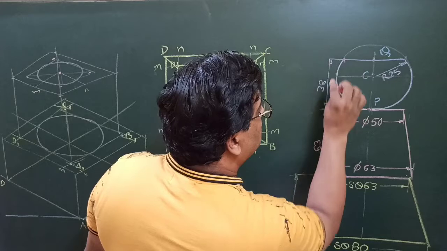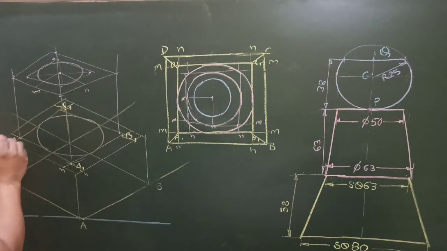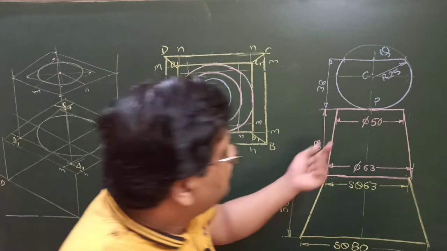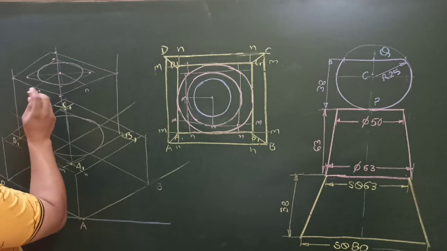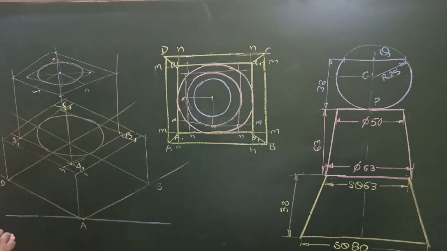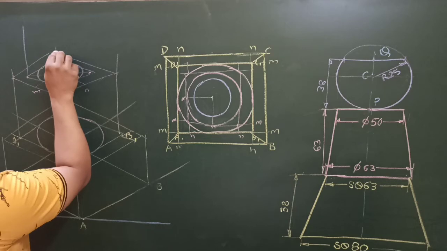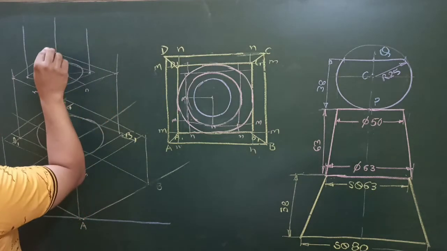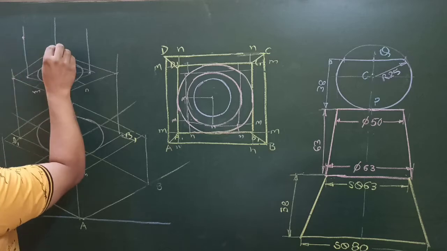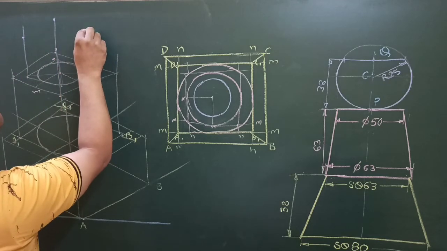First we have to go at a height of 38 mm from this base. So we will move up to a height of 38 mm vertically multiplied by the isometric scale, and then we are getting this. Say for example, here it is, here it is, here it is, and here it is.